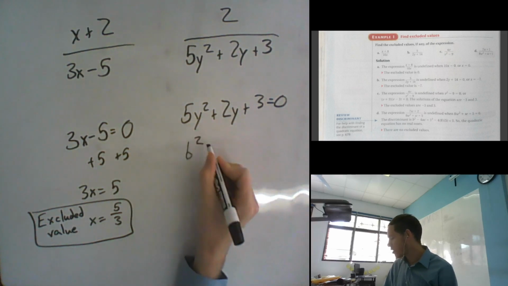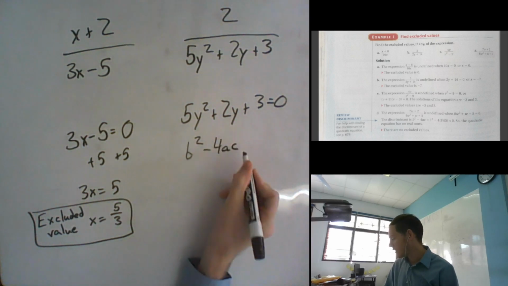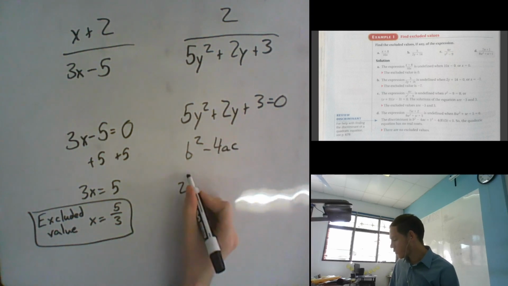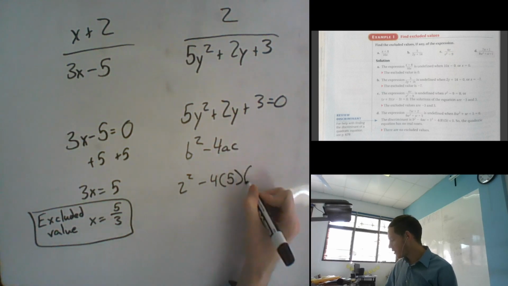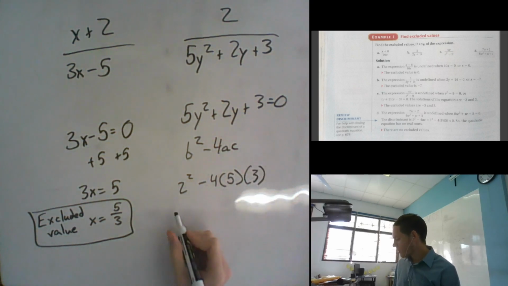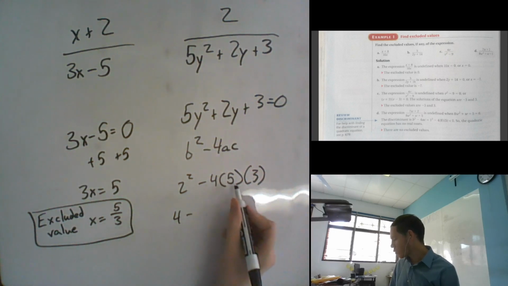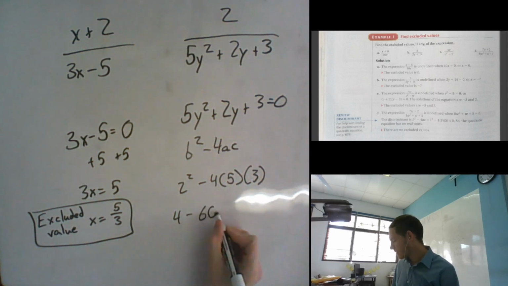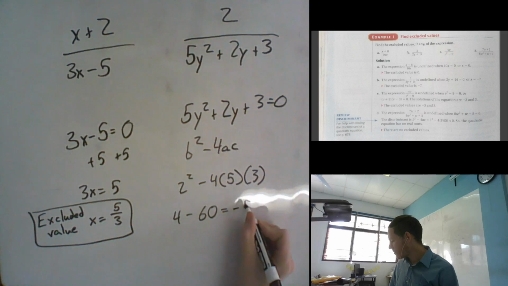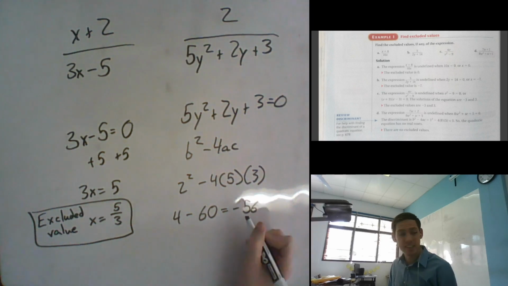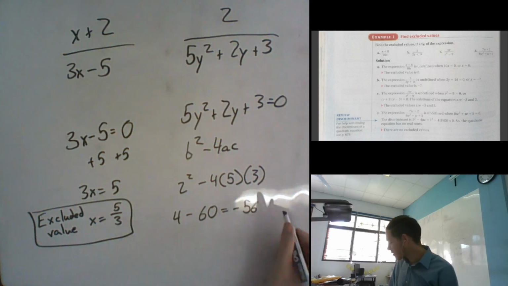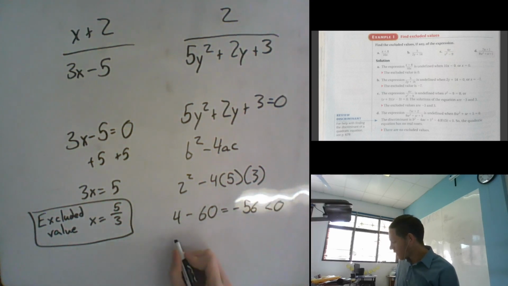Discriminant is b squared minus 4ac. b squared is 2 squared minus 4 times 5 times 3. 2 squared, 4, minus 20 times 3 is 60. So it's going to equal negative 56. Now, if negative 56, if this number is less than 0, which it is, then we're going to have no zeros.